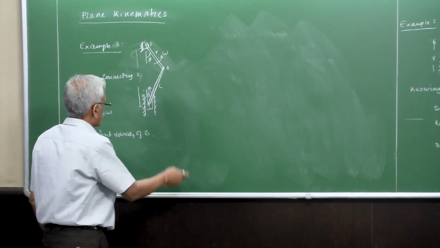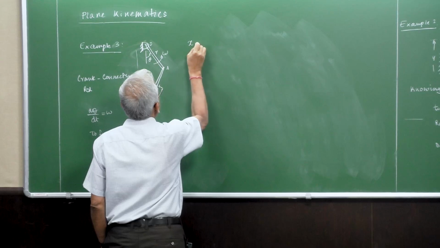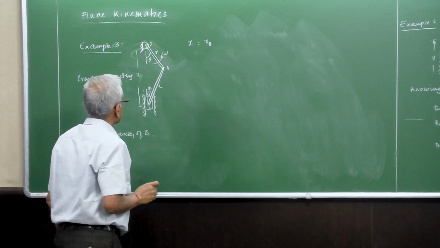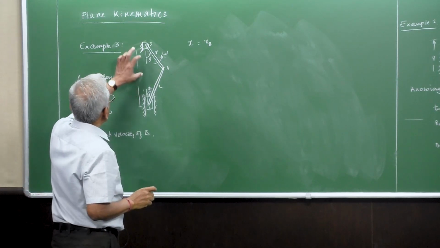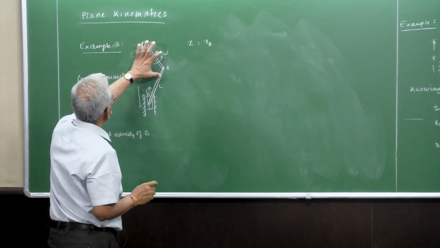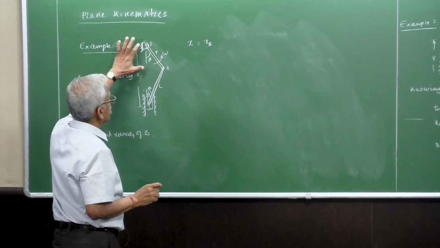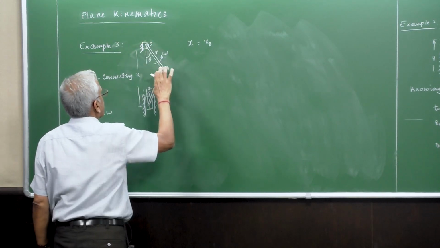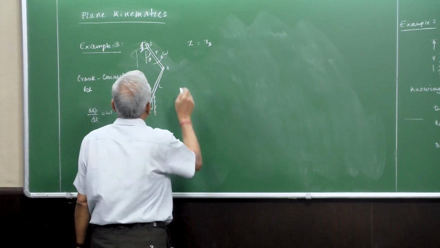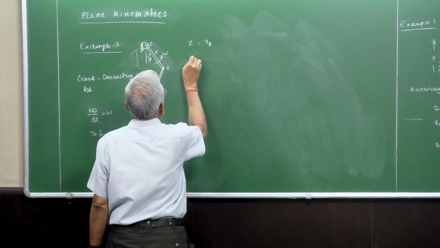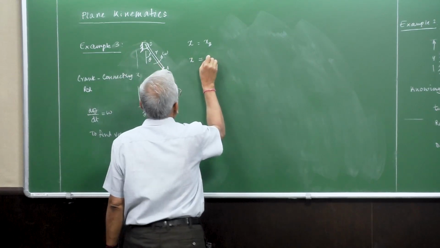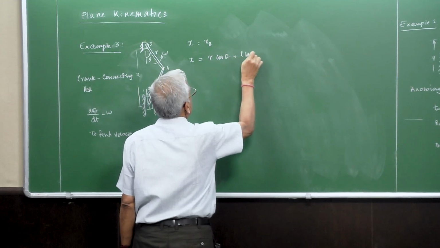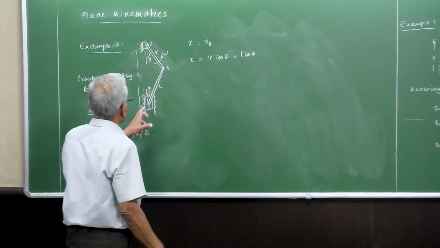So x denotes the position of B, and now this x is the vertical projection of this crank and the connecting rod onto the y-axis. So this x is r cos theta plus L cos phi. Okay, so this is L cos phi.